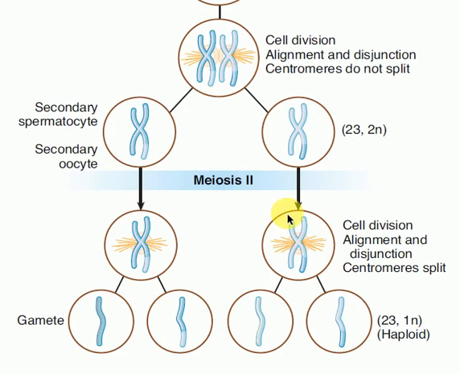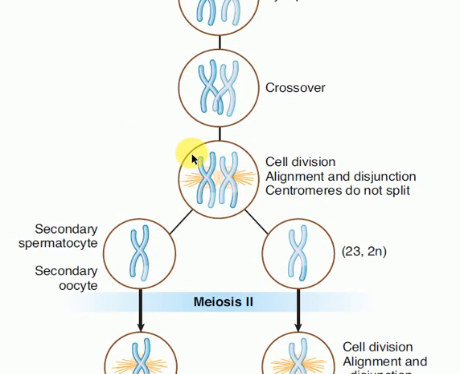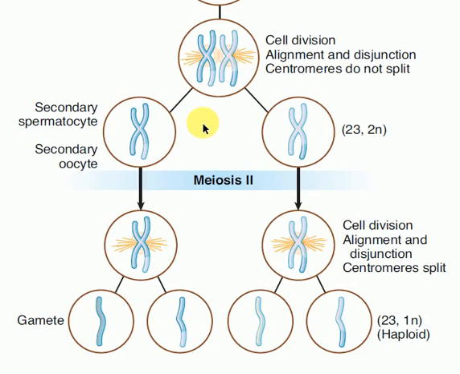In the ovum, after the first meiotic division right here, when the secondary oocyte is formed from the primary oocyte, the nucleus divides and the chromosomes go into separate daughter cells. But when the cytoplasm divides, it divides unequally. Almost all of the cytoplasm goes into this cell, and very little cytoplasm goes into this cell.